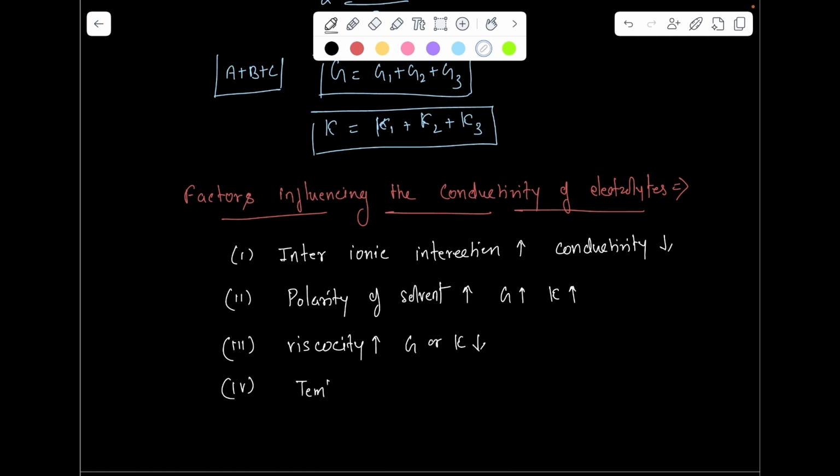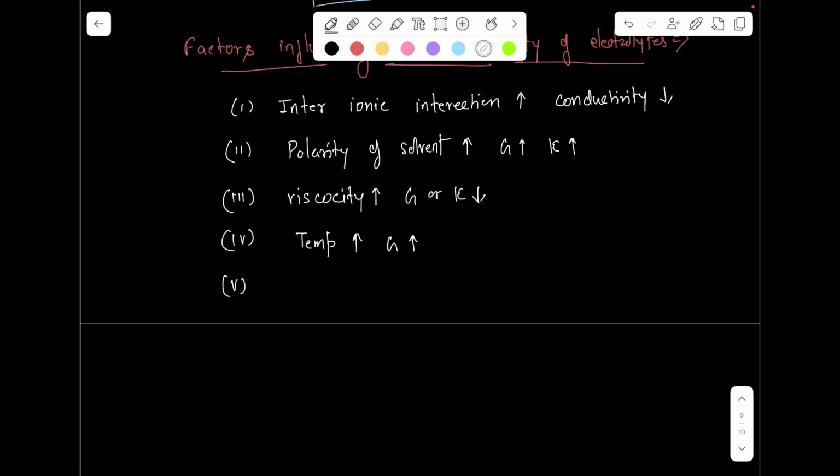And fourth, temperature. Temperature of electrolytes increases the movement of ions. And the fifth is dilution. Specific conductance decreases with increased dilution because the number of ions per unit volume is decreasing. So as dilution increases, kappa is going to decrease.